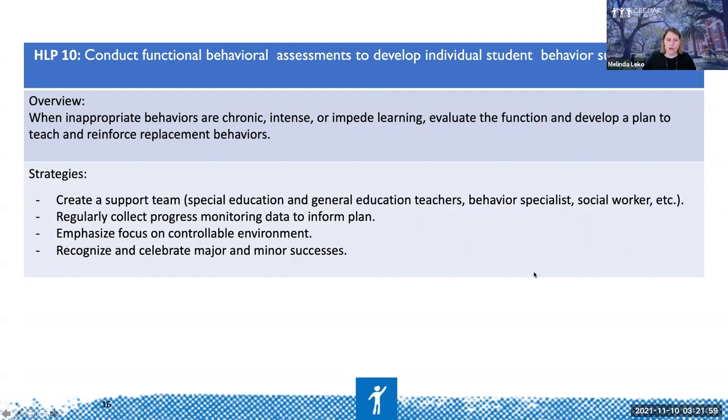This often requires a team, including a special educator or general educator, a behavior specialist, social worker, etc. And an important thing here is that you want to regularly be collecting progress monitoring data to inform the plan. It's not just a one and done kind of process.